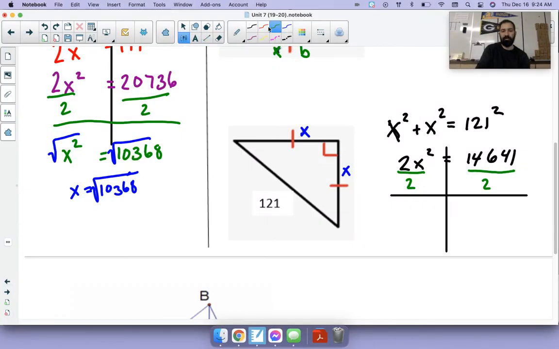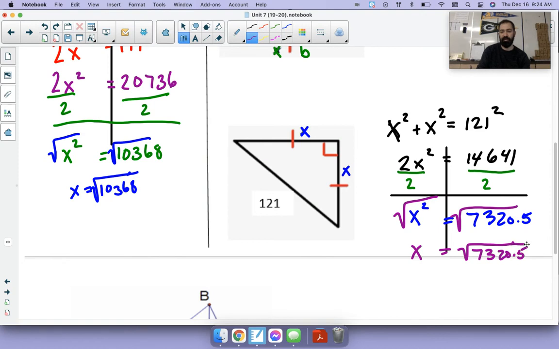When we divide by 2, we get x squared equals 7,320.5. And we'll do our last step, take the square root, and get x is the same as the square root of 7,320.5. It's not a perfect square, so we just leave it the way it is.